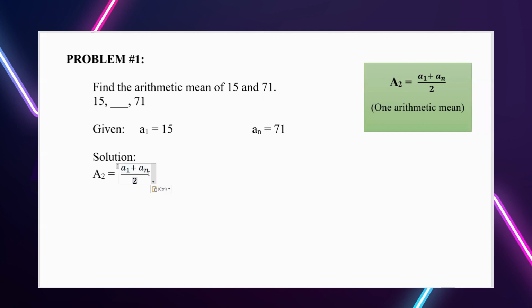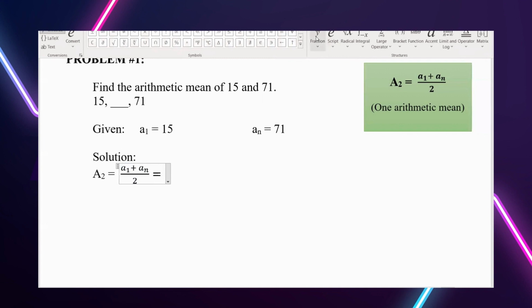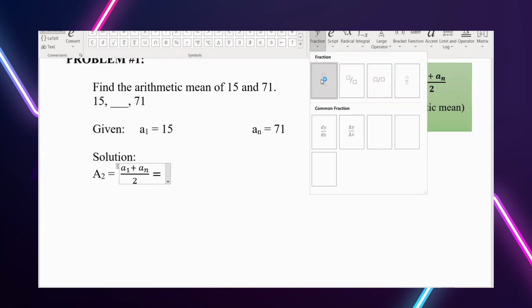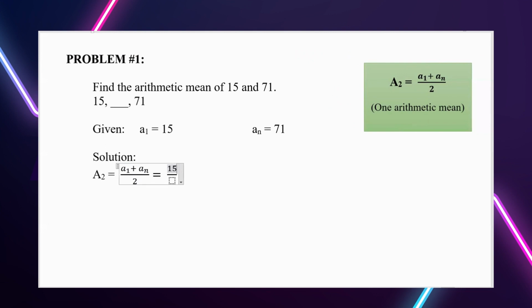Let us substitute the values of a sub 1, a sub n na nakuha natin. Therefore, we have a sub 1, which is 15, plus the value of a sub n, which is 71, all over 2.